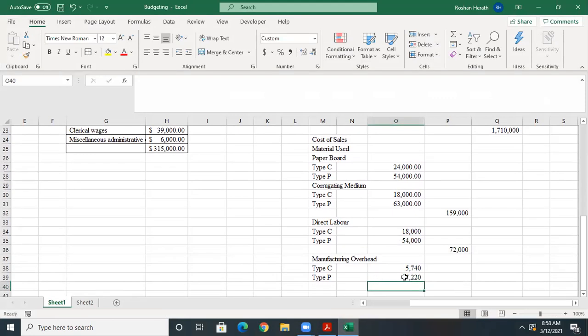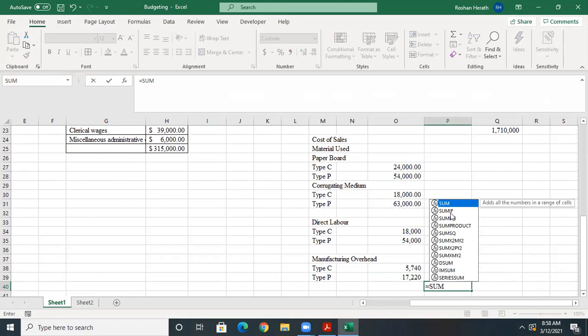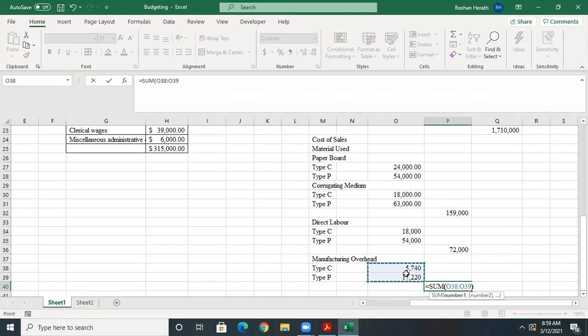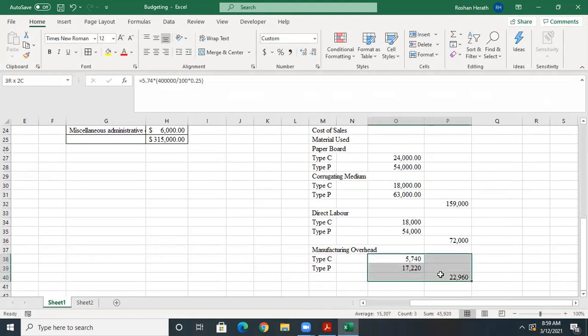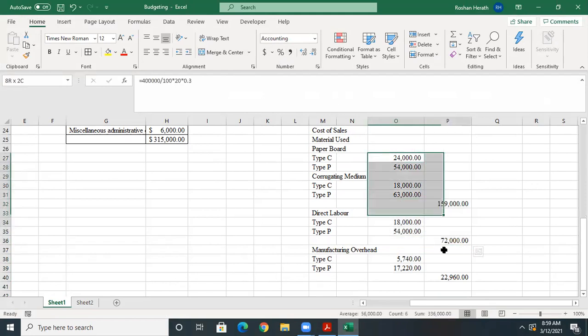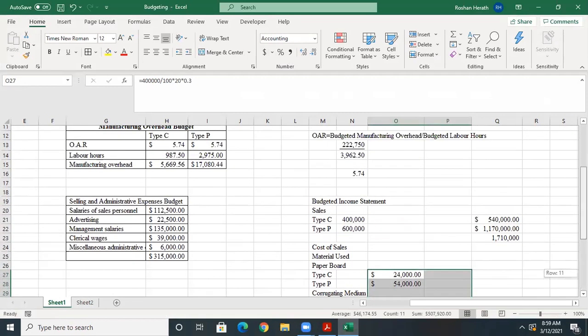And here comes the cost. Okay, now it's fine. Everything's cost. Now you have worked out the cost of sales.